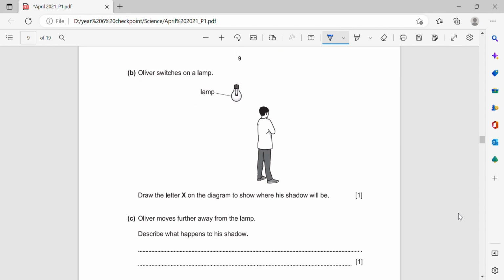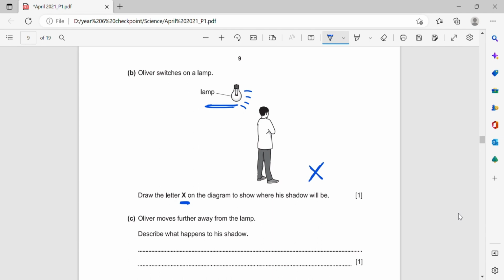Oliver switches on a lamp. Here it's a lamp and he is standing here. Draw the letter X on the diagram to show where his shadow will be. Here is the source of light and here is Oliver, so the shadow will be where?